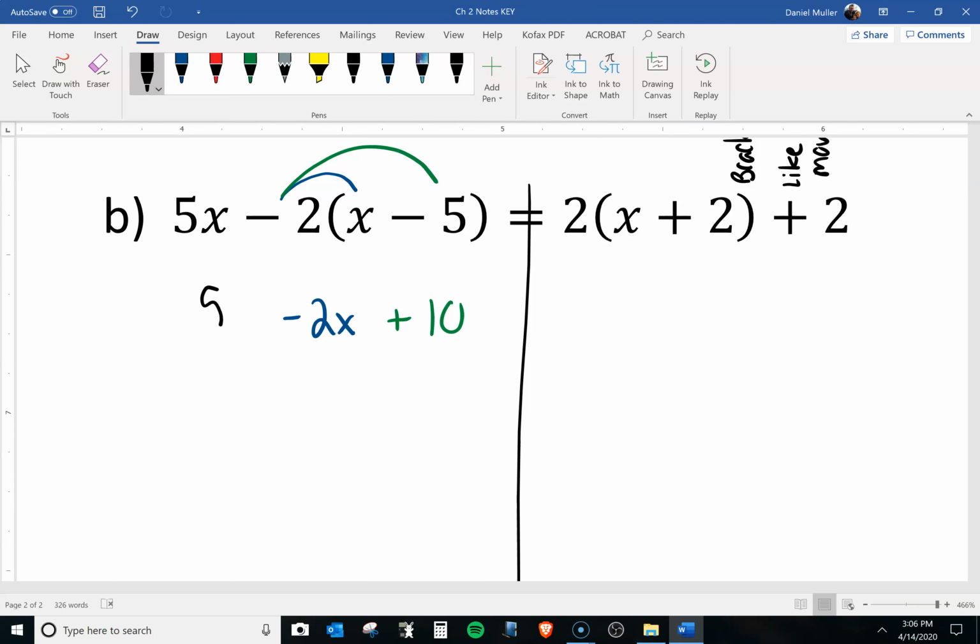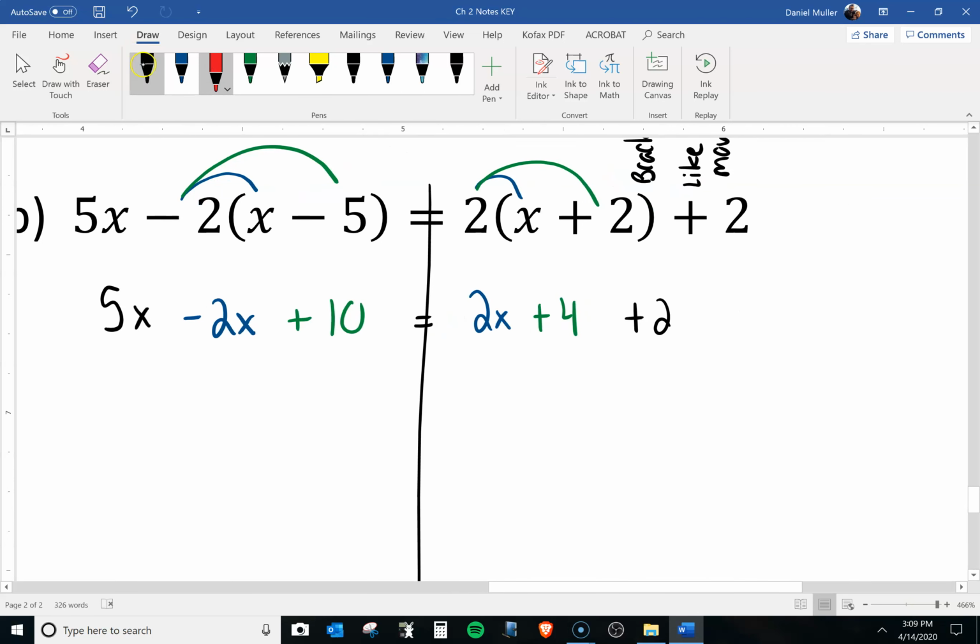And we've got a 5x that was just there. Equals, on the right side here, I will get rid of this bracket, so I'll multiply the 2 in. 2 times x is a 2x. 2 times positive 2 is a positive 4. And then I can carry this plus 2 down here. That just gets carried down. Then I can start looking at like terms.